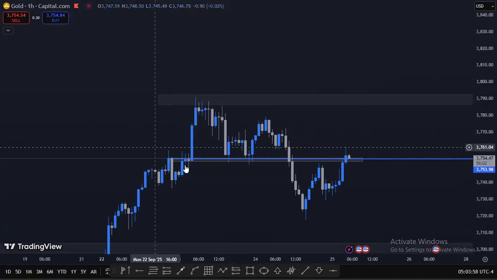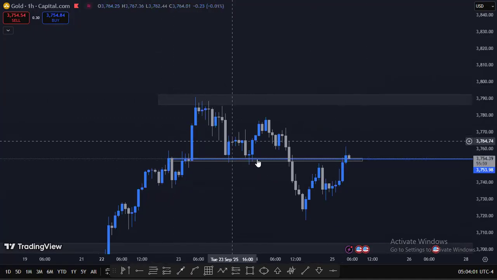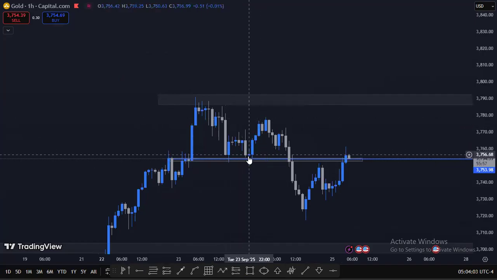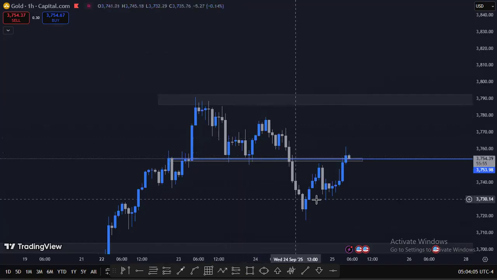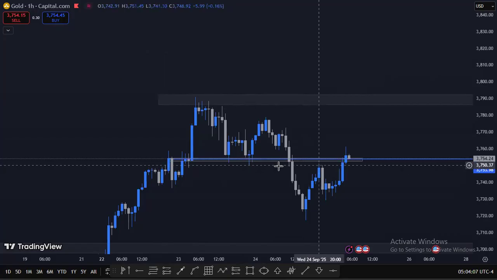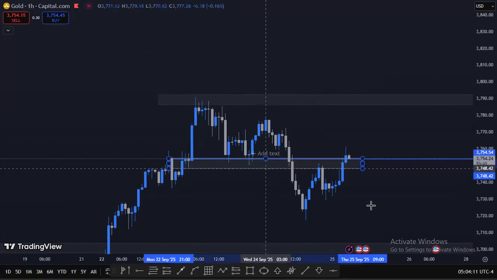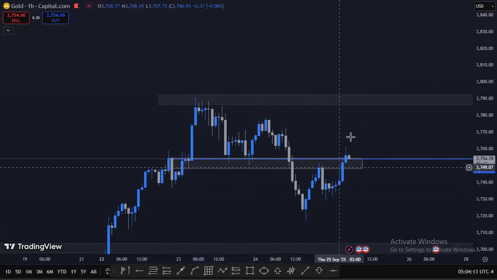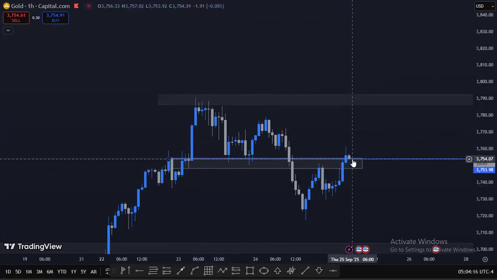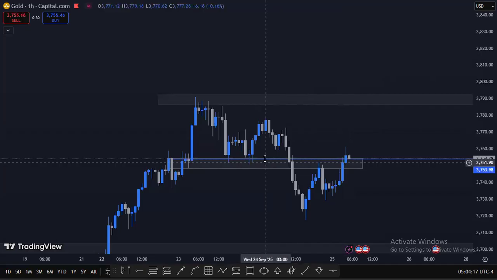As you can see, this level was a support, came back and retested again, broke below, came back to retest again, and then right now it has broken above it a little bit.